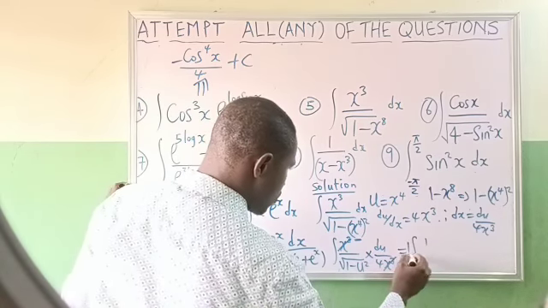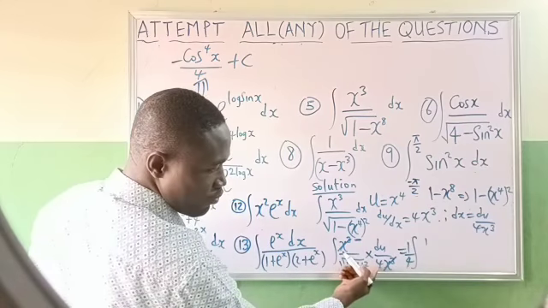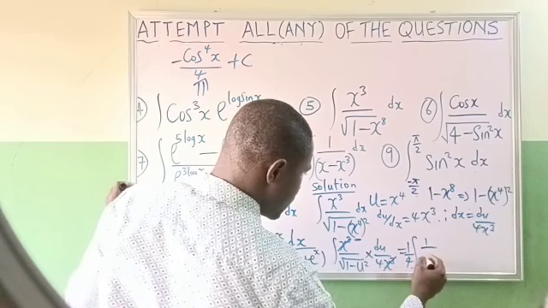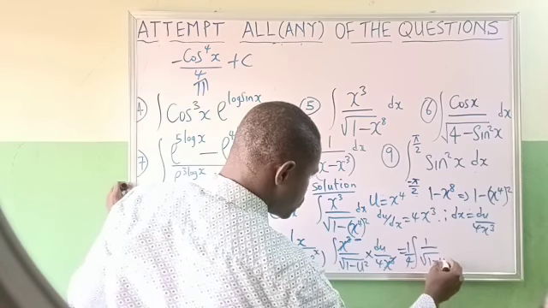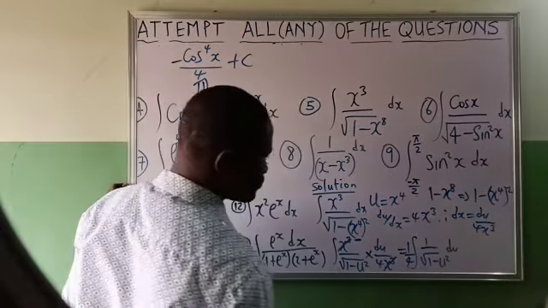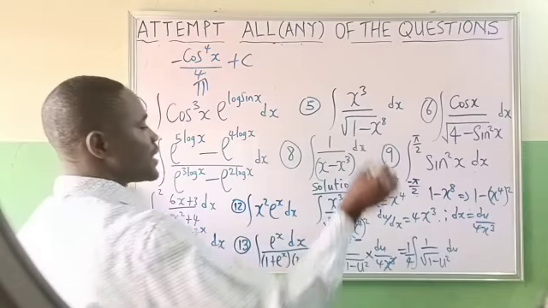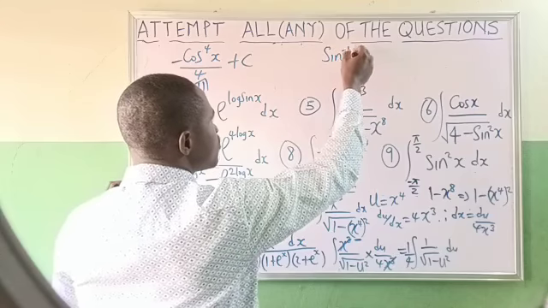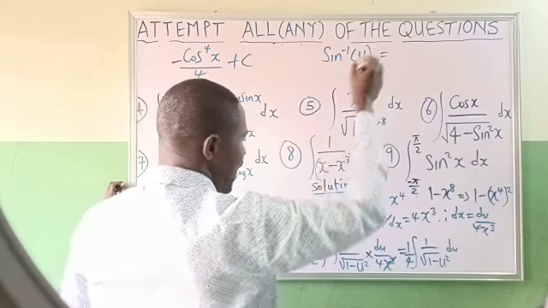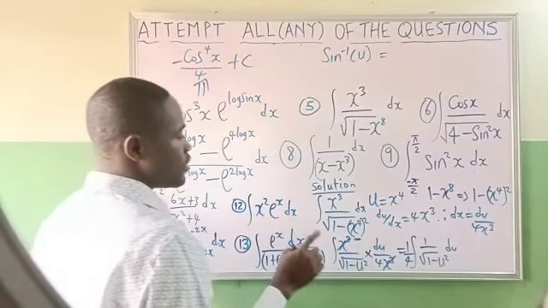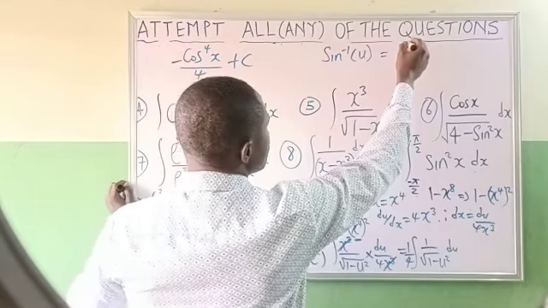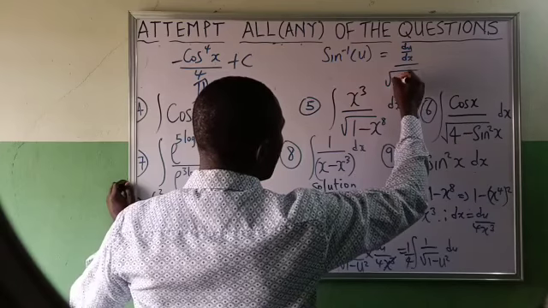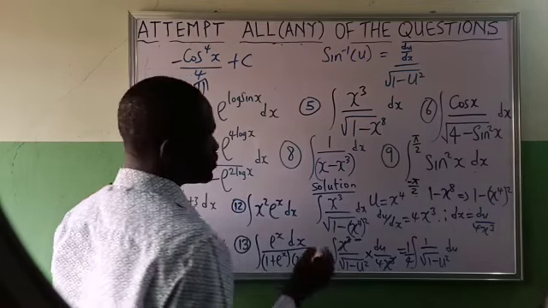That will be giving us integral 1. Okay, we bring out this 1 over 4 that remains. Integral 1 over root 1 minus u squared du. Now, it is important to note that if you differentiate sine inverse of u, you will be having du/dx all over square root of 1 minus u squared.